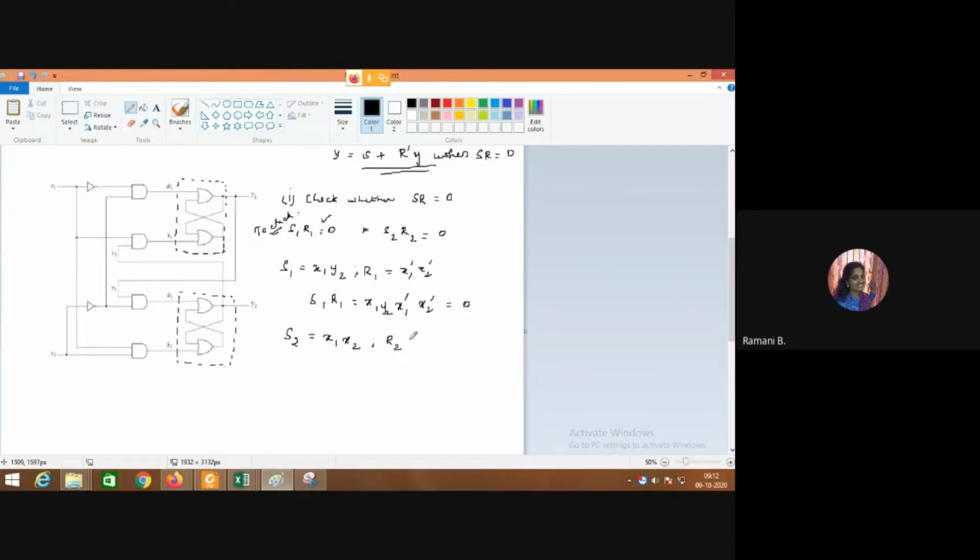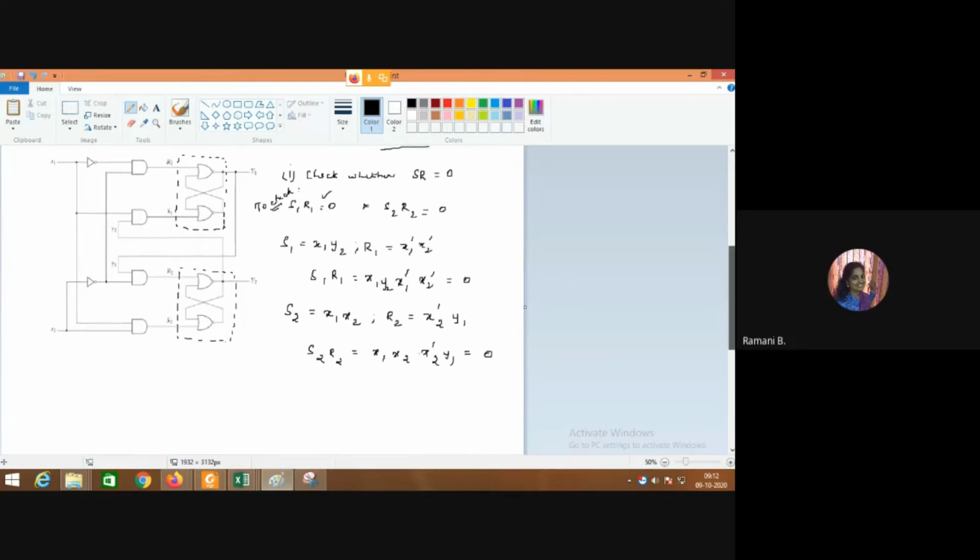And for R2, this is y1 and this is x̄2, so R2 is x̄2y1. Checking S2R2 is equal to x1x2 times x̄2y1. Here also x2 and x̄2 are in true and complement form, so this gives the answer 0. So we have checked the condition.